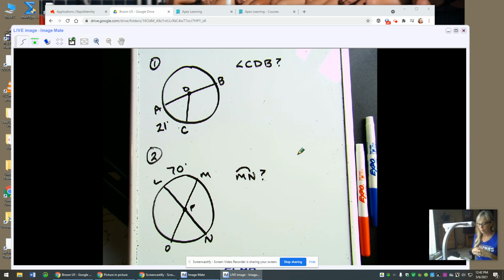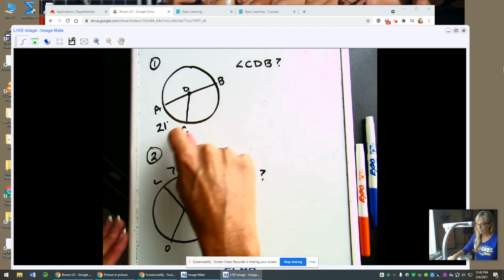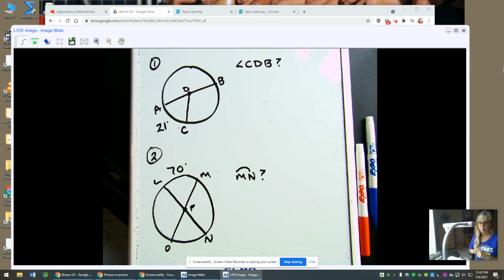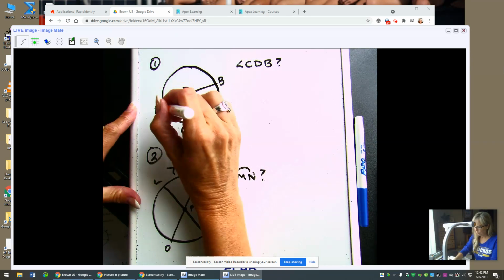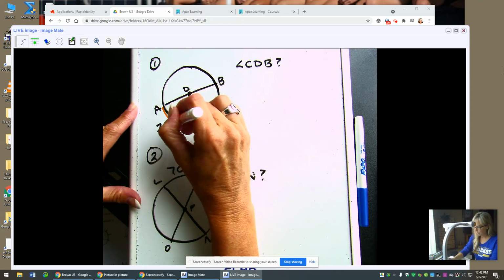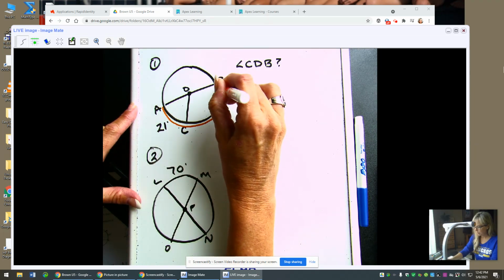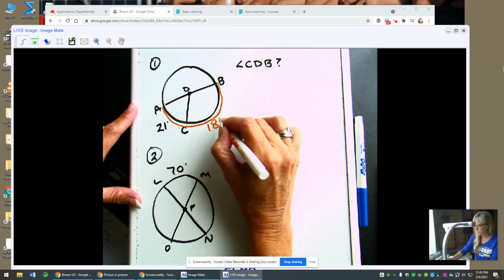This one isn't something we've specifically done, but I think with everything we have done, we should be able to figure these out. The warm up says that AB is the diameter and that arc AC is 21 degrees. Well, if we have a diameter, we know that either direction we go from one point of it all the way around to the other is going to be 180 degrees.